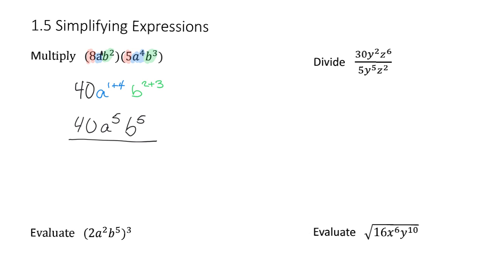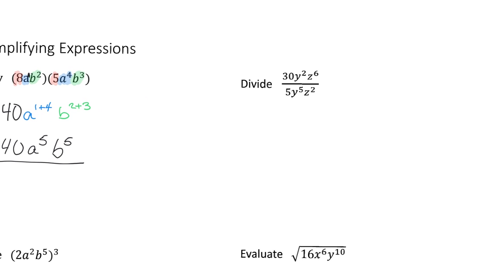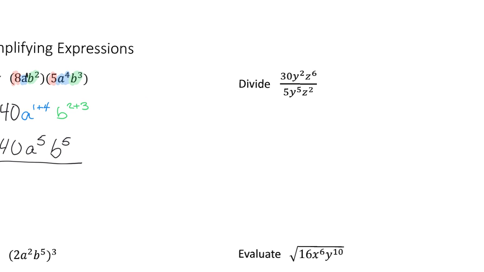Let's look at the next one because it's a little trickier. Okay. So we're dividing our monomials. So let's again just start with our numbers. So 30 divided by 5 is going to be 6, but I'm just going to put a little fraction bar here because remember it's 6 over 1.